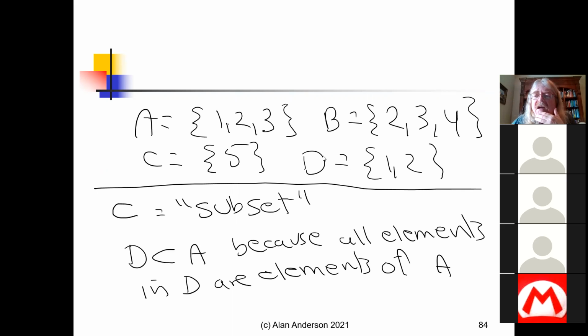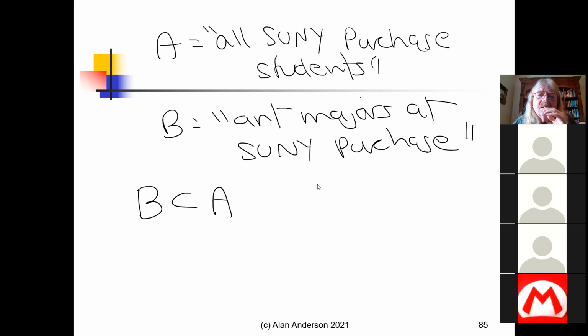Or you could think of the odd numbers as a subset of the real numbers, because they're all reals, but there are others as well. Oh, I made this one up. Art majors at SUNY Purchase are a subset of all the students at the school.